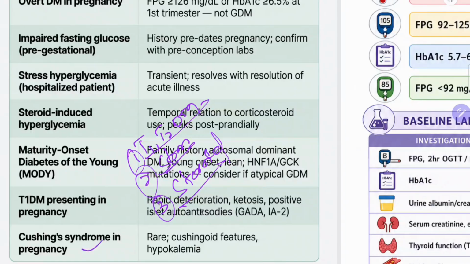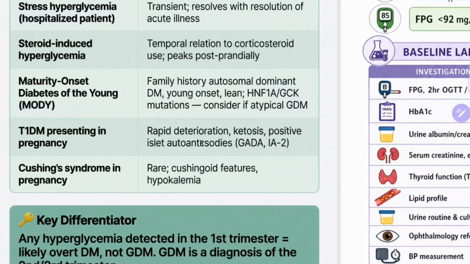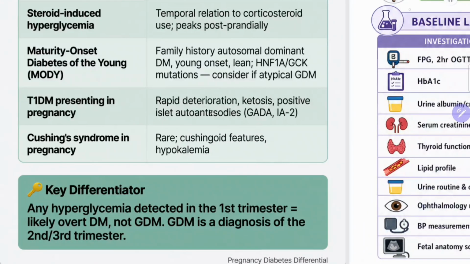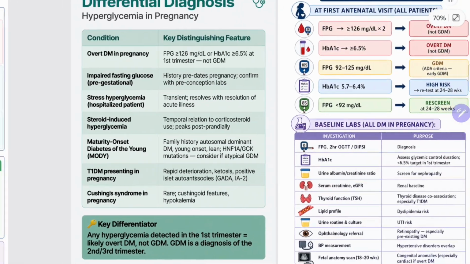These are rare cases: Cushing syndrome or MODY, maturity onset diabetes of the young. So these three are important. The key differentiator here is that any hyperglycemia detected in the first trimester is likely overt diabetes mellitus and not gestational diabetes mellitus. GDM is a diagnosis of the second or third trimester, that we should remember.